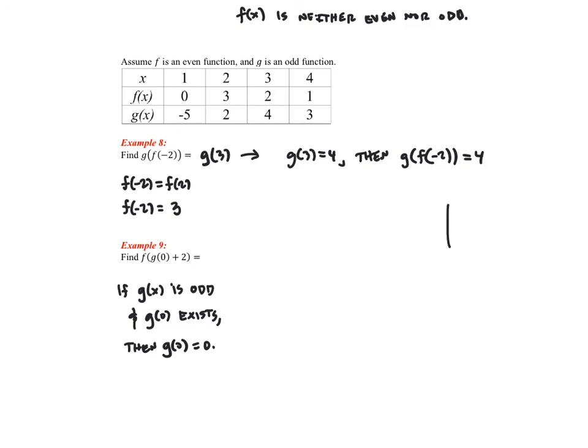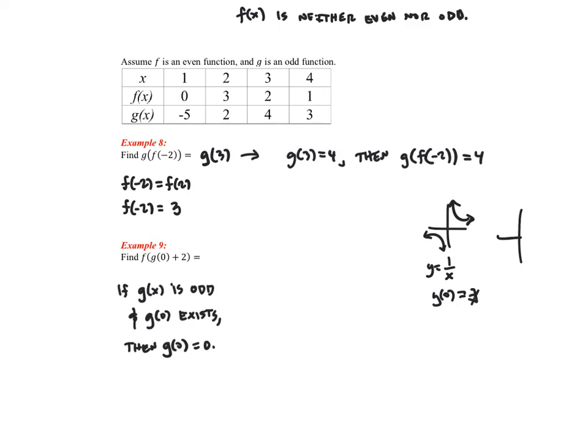So in the functions that I showed you, I think I showed you 1 over x. Well, g of 0 doesn't exist in 1 over x, right? So y of 0 does not exist.